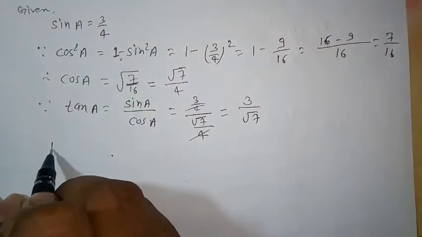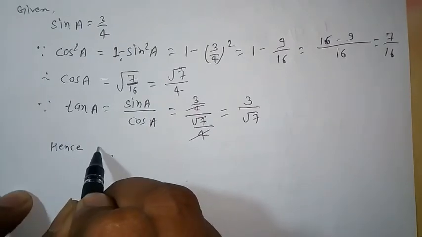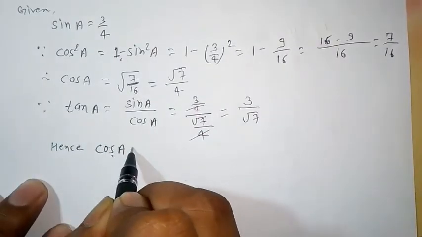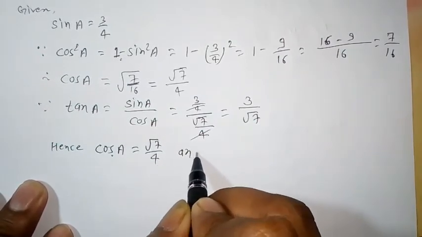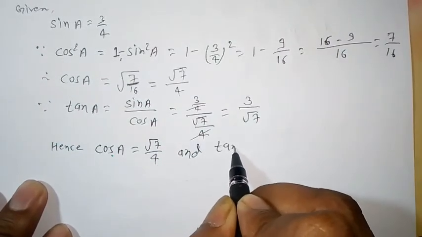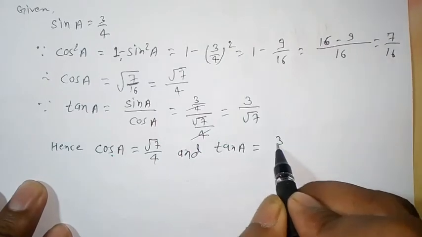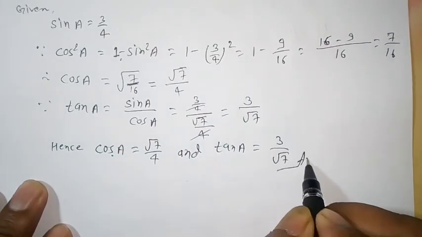Hence cos A is equal to root under 7 by 4 and tan A is equal to 3 by root under 7. Answer.